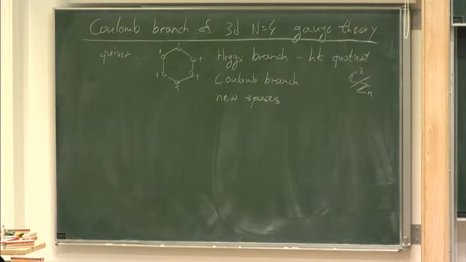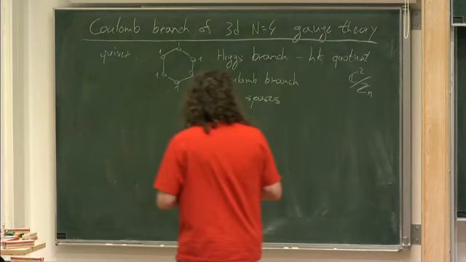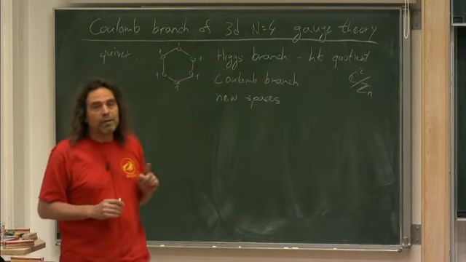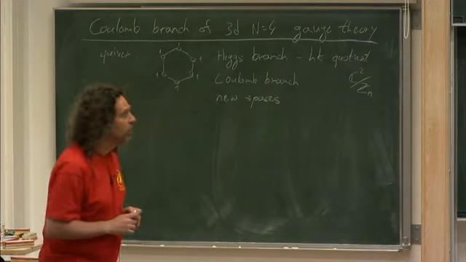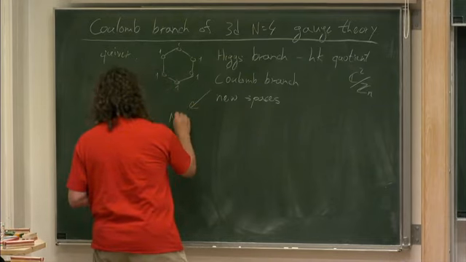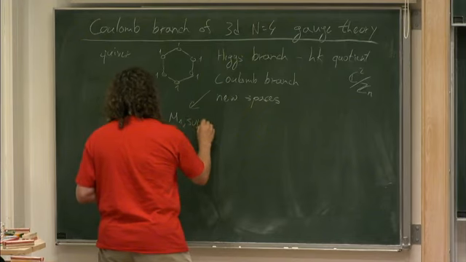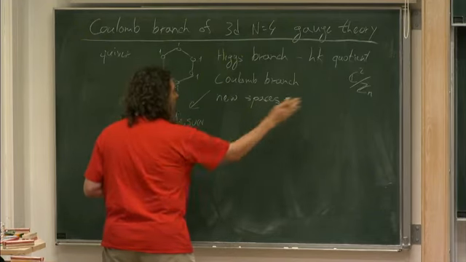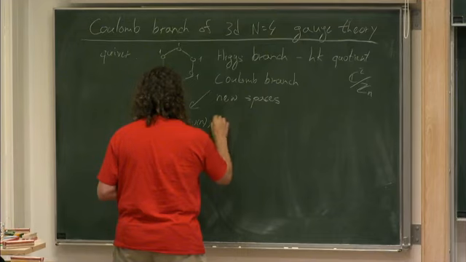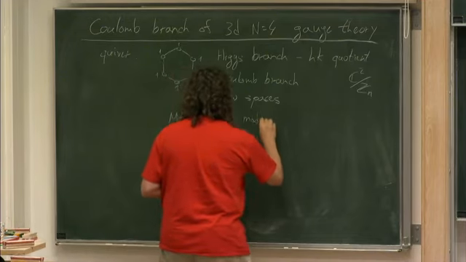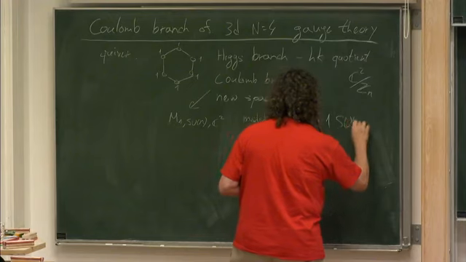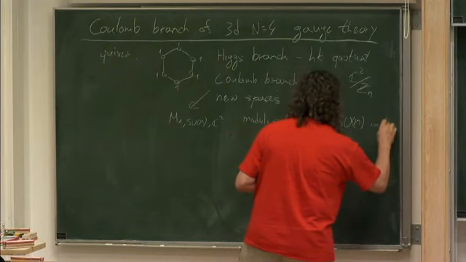So this is a well-known result, goes back to Kronheimer, and the thing which is not so known is that the Coulomb branch of this quiver theory is the moduli space of 1 SU(n) instanton on C2.